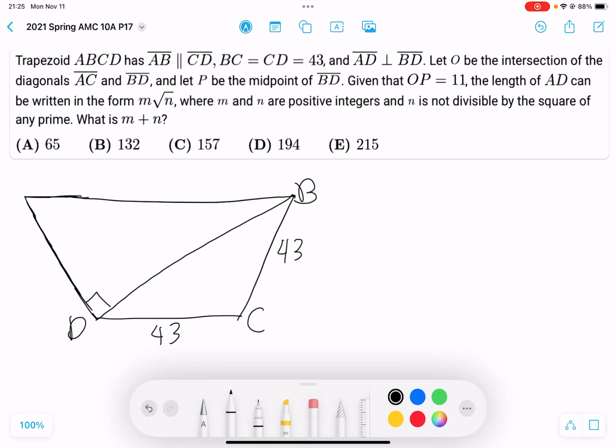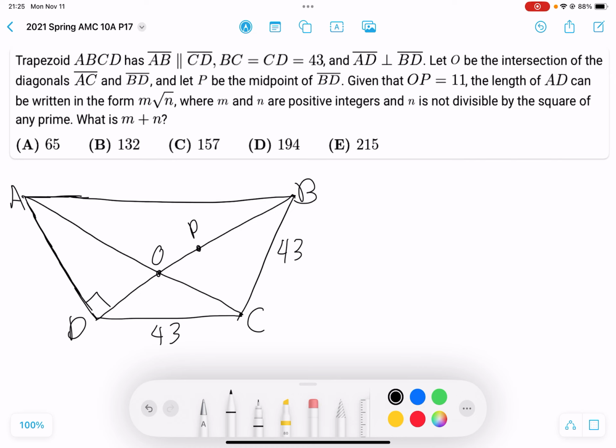And then let O be the intersection of the diagonals AC and BD. So let's draw AC as well. That is AC, and that is O. P is the midpoint of BD. Okay, so this is P.